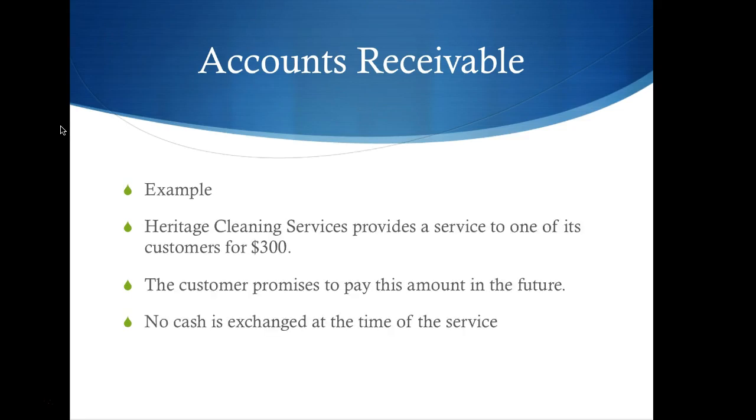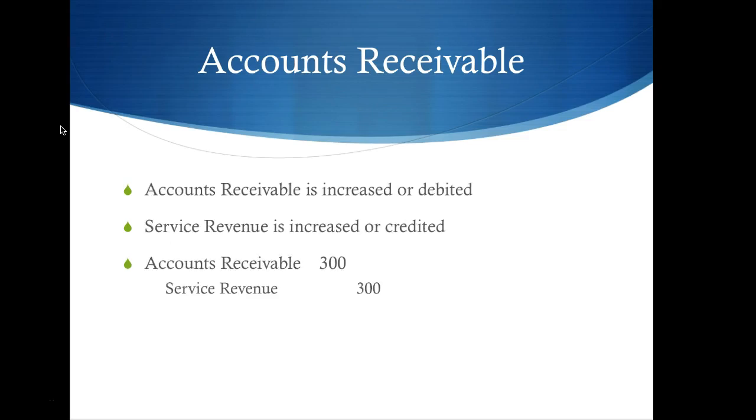So let's go through an example. Heritage Cleaning Services provides a service to one of its customers for $300. This customer does not pay cash at this time, but promises to pay this amount in the future. So again, no cash is exchanged. The customer is promising to pay Heritage Cleaning Services $300 in the future. However, Heritage Cleaning has provided that service.